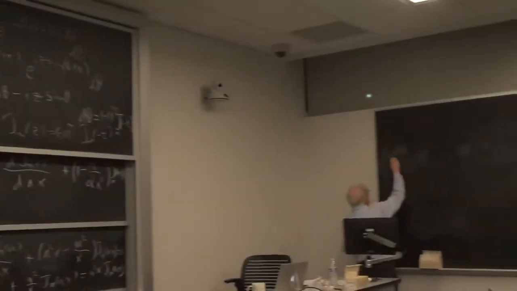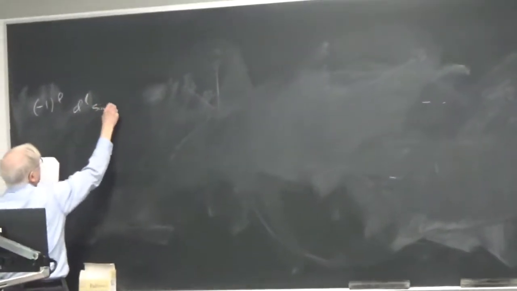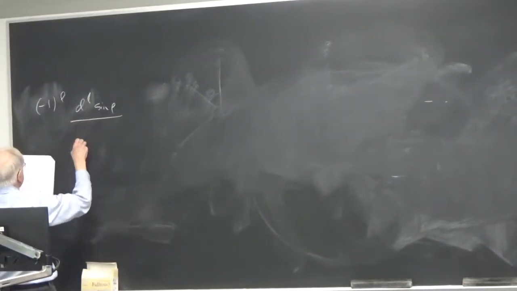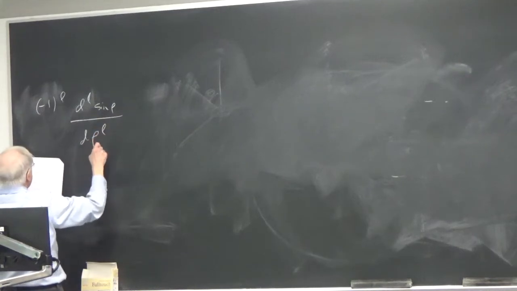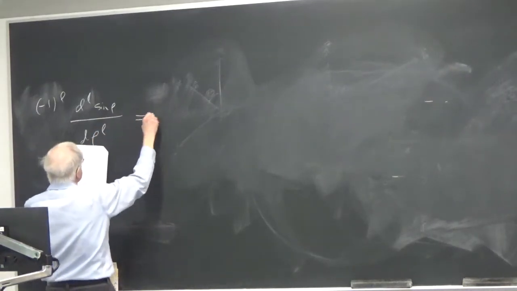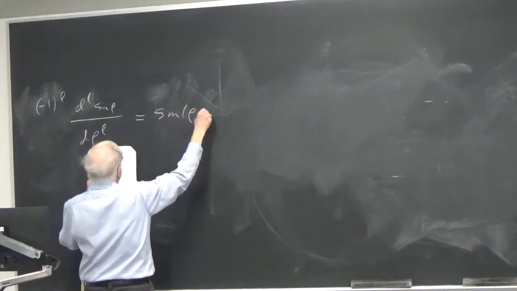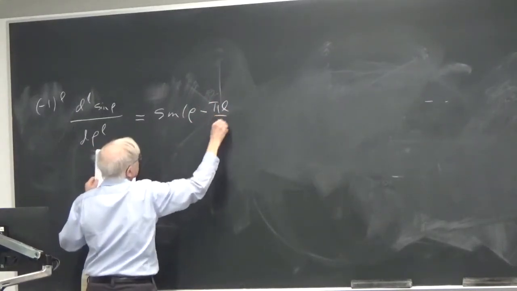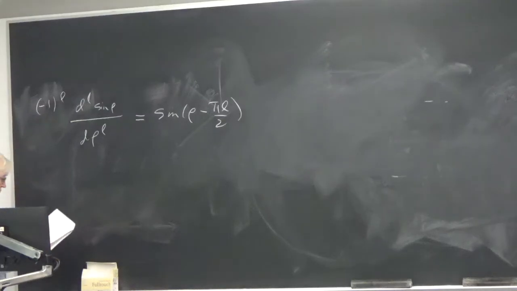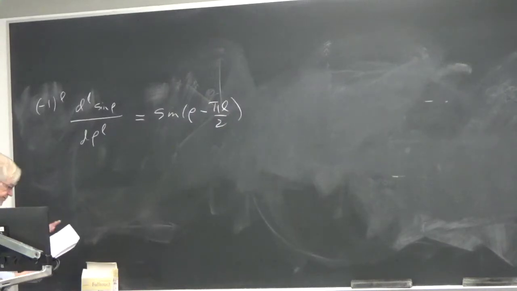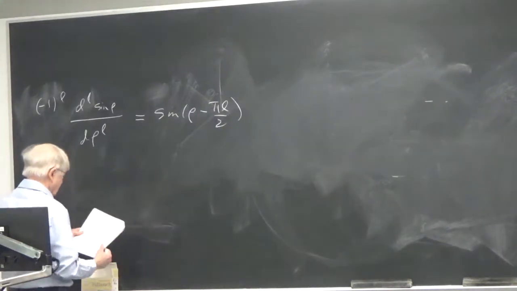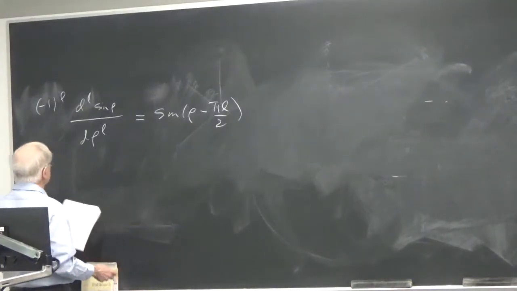What we want to do is show that (-1)^L d^L/dρ^L of sin ρ over ρ^L is sin(ρ - πL/2), and complete the derivation of a certain approximation for the spherical Bessel function.